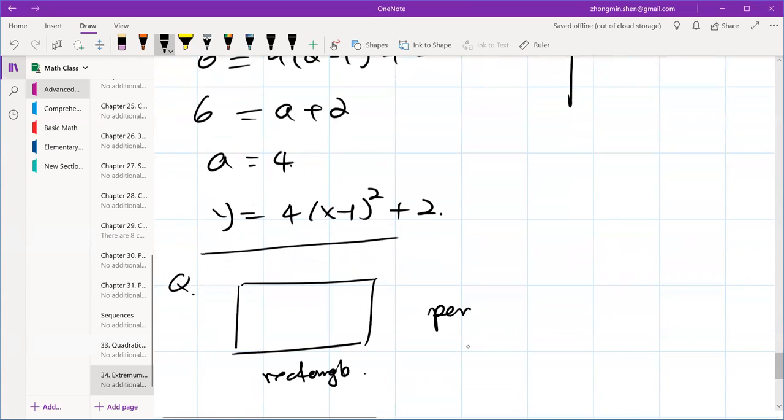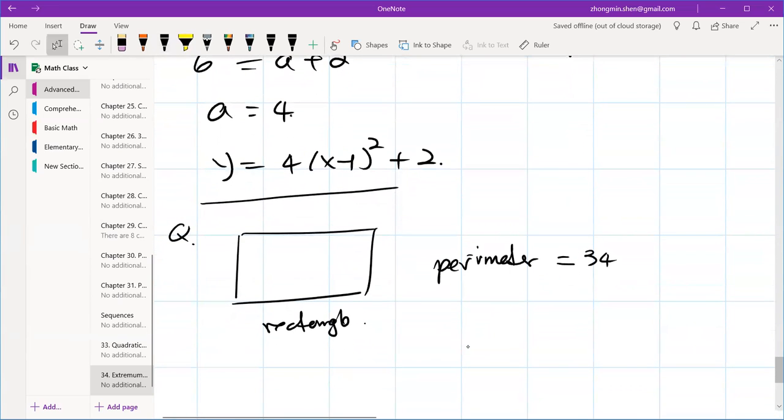We know the perimeter is going to be 34. There's no restriction. What is the greatest possible area?